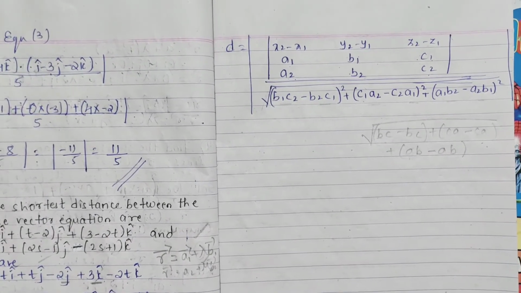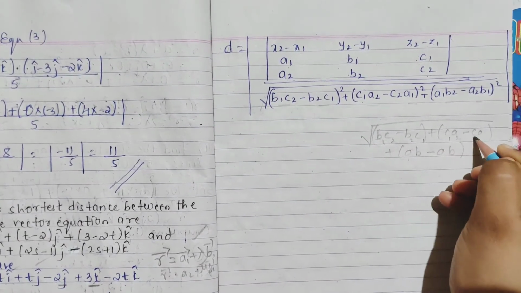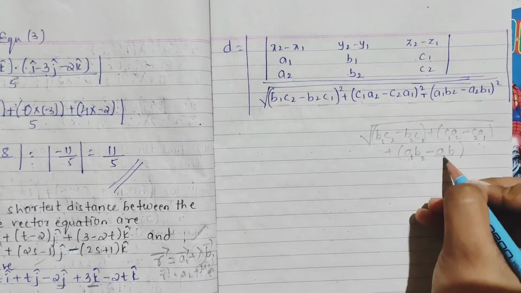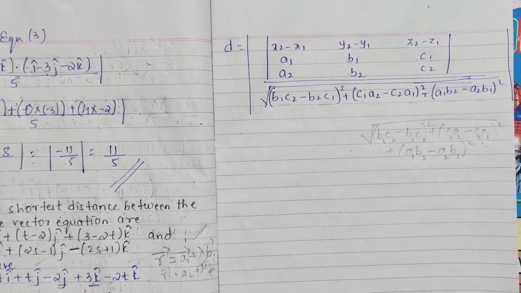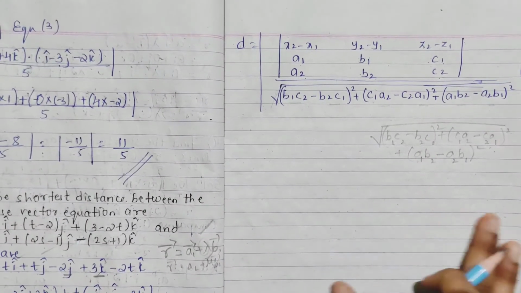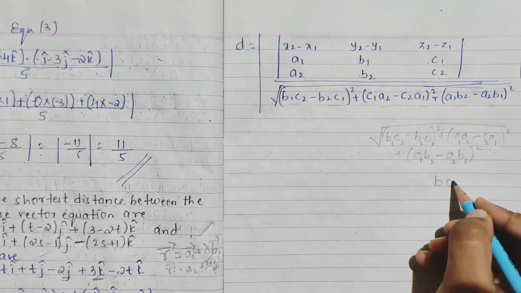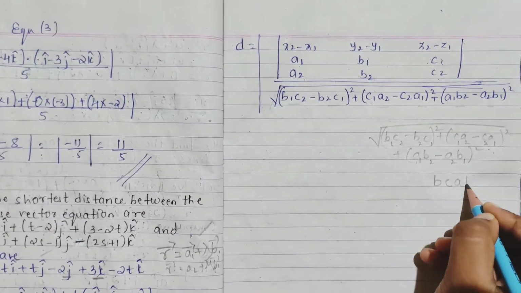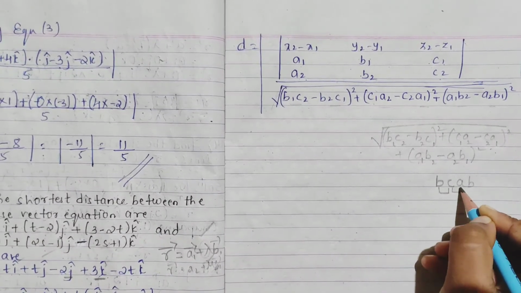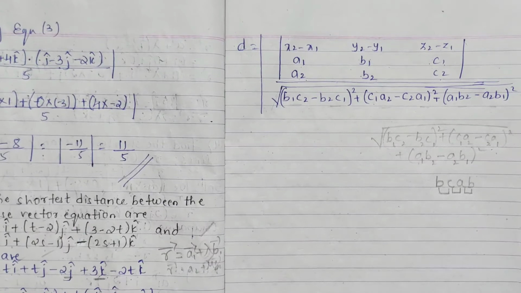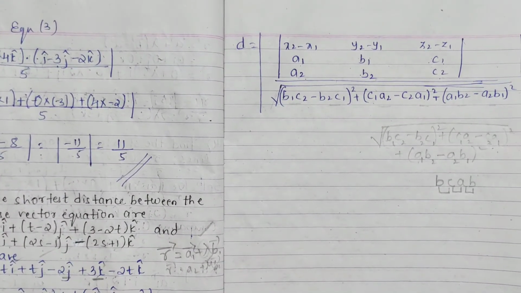Now just start putting the numbers 1, 2, 2, 1, 1, 2, 2, 1, 1, 2, 2, 1, squaring. I hope this will be easy for you. You can remember it like this: first BC, BC, then CA, CA, then AB, AB. If you feel this is difficult to remember, you can use this trick.